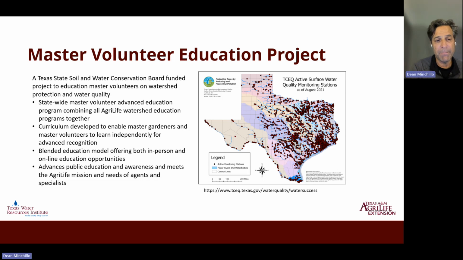And then that information will get put out into the community through the master gardeners and the master naturalists. So we're trying to meet a lot of needs and a lot of demands with this one particular program.